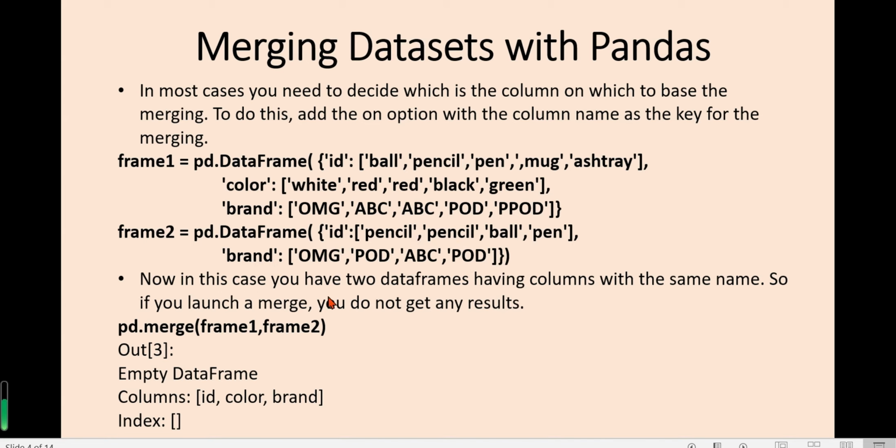So in this case you have two data frames having columns with the same name, because ID and brand appear in both data frames. If you launch a merge by just writing pd.merge frame 1 frame 2, the output will be empty.